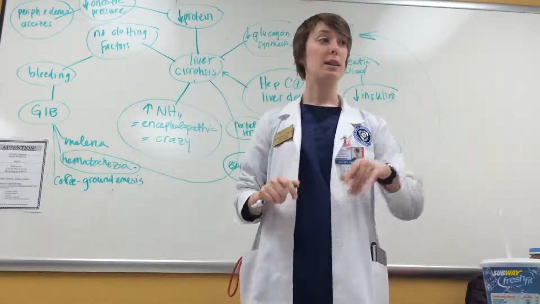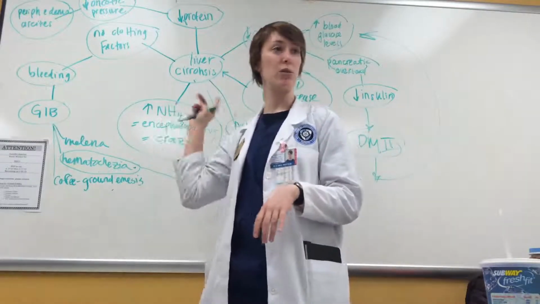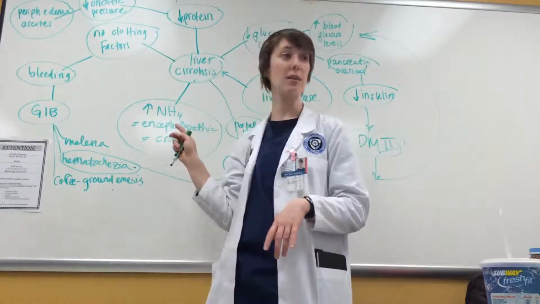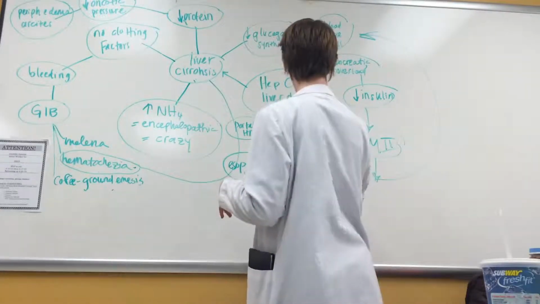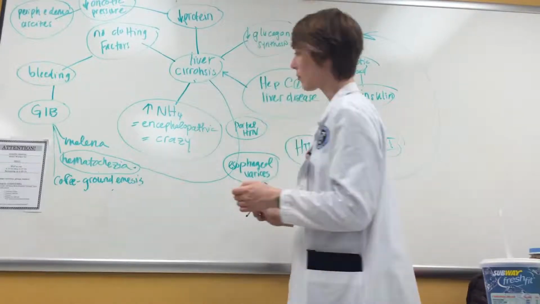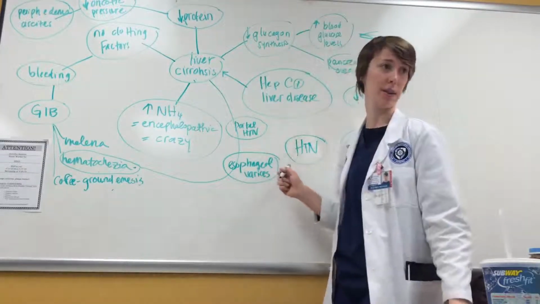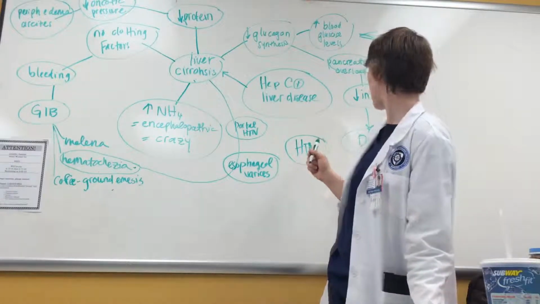But, okay, let's mix it up a little bit more. So let's say that this patient doesn't just have liver cirrhosis that is leading to all these other comorbidities. They've got a couple other actually unrelated things. Let's throw hypertension in there. Because we know everybody loves hypertension. So how does hypertension play a part in all this stuff?